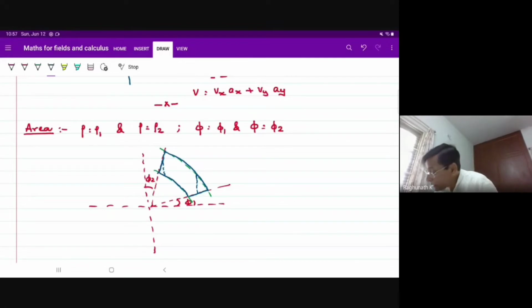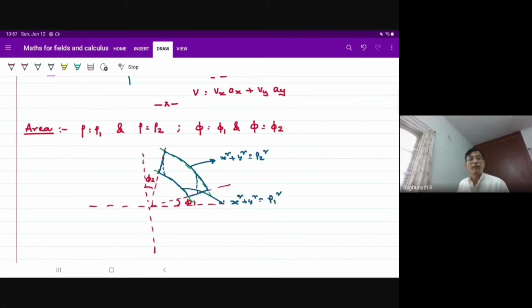And the equation of this part is what? x squared plus y squared equals rho 2 squared. Equation of this circle is x squared plus y squared equals rho 1 squared. Equation of this line is what? y equals m1 x, that is tan phi 1 times x, because it is passing through the origin. Equation of this line is y equals m2 x.